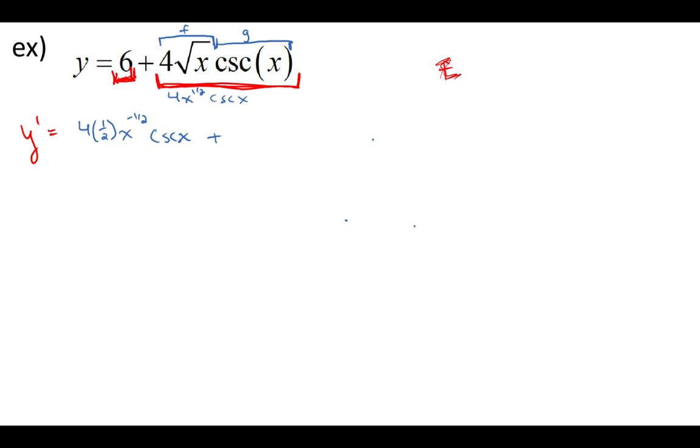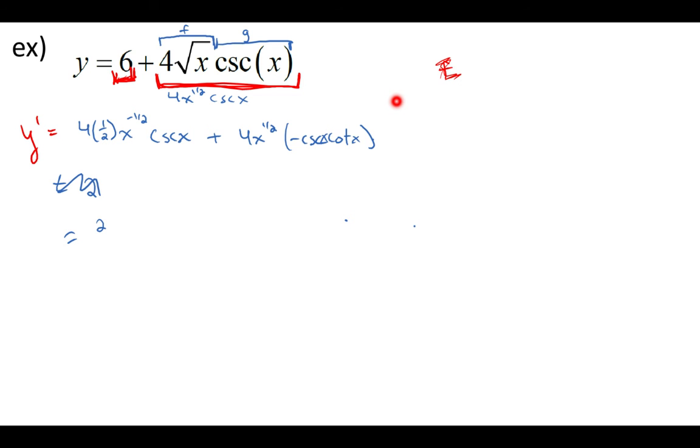plus our original function there, 4x to the 1/2, times the derivative of cosecant, which is minus cosecant cotangent, cosecant x cotangent x. All right, so then let's try to simplify this a bit. This 4 times a half just becomes 2.